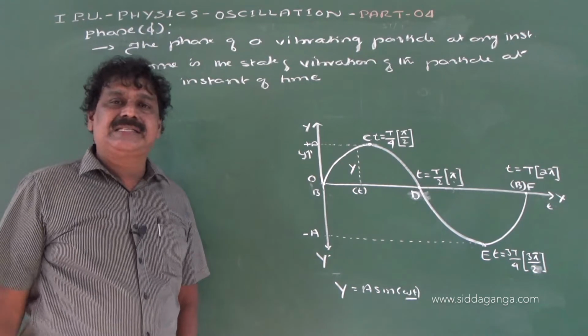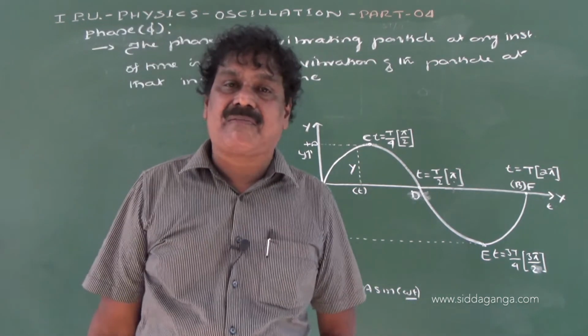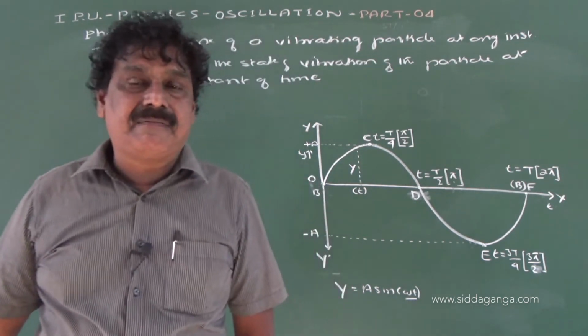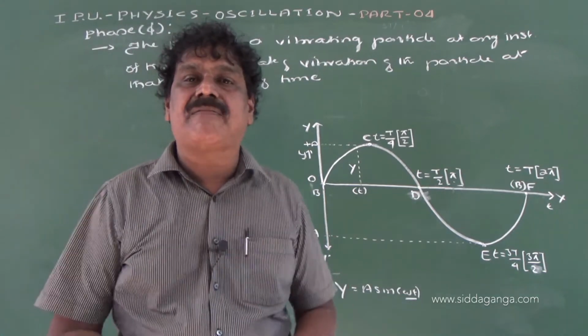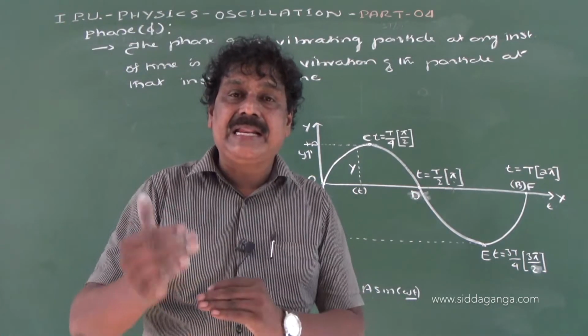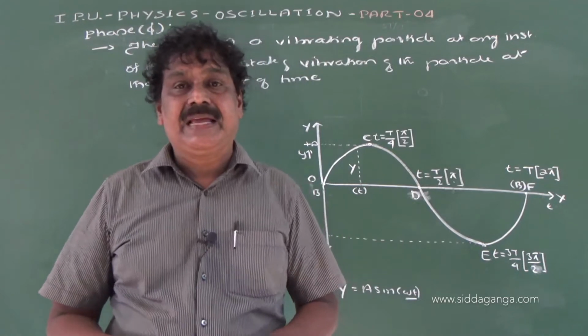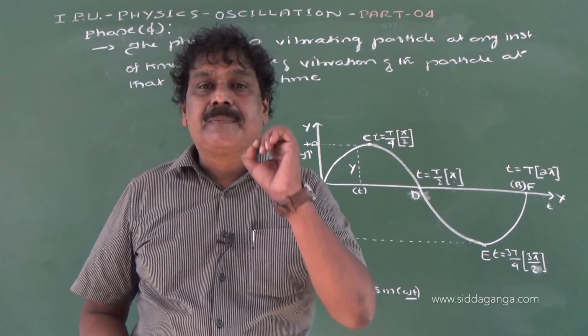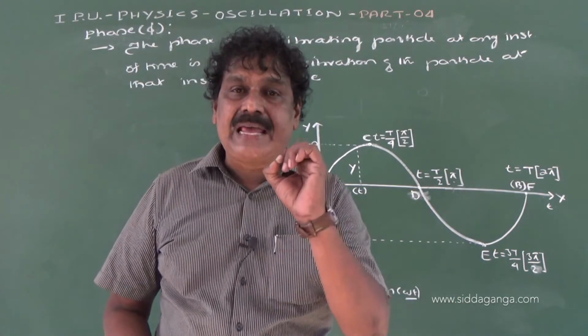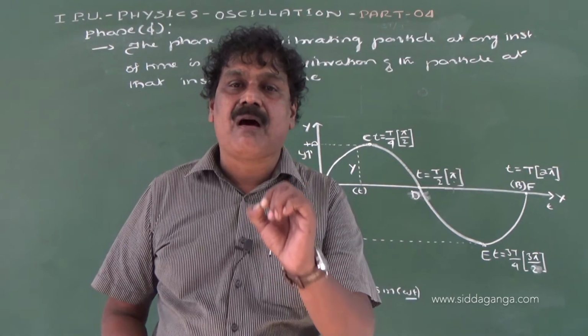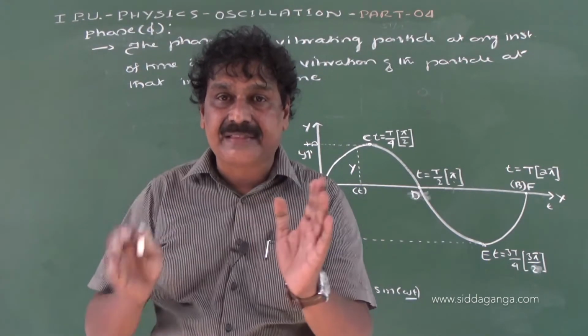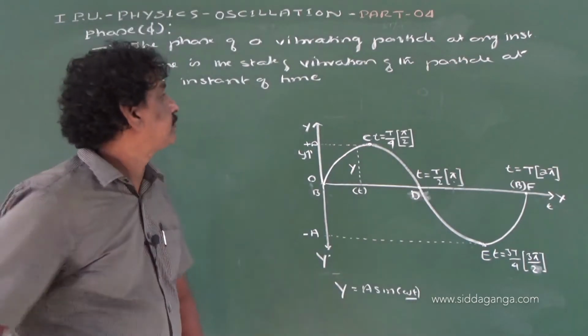Now, what is this state of vibration or phase? The state of vibration or phase of a particle at any instant of time describes the position and direction of motion of the particle at that instant of time.